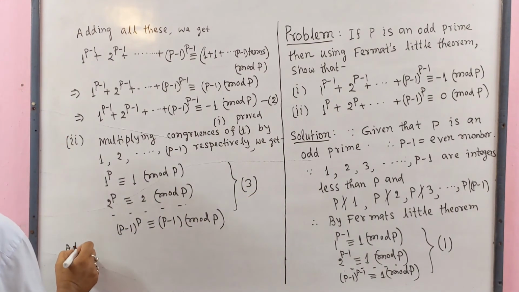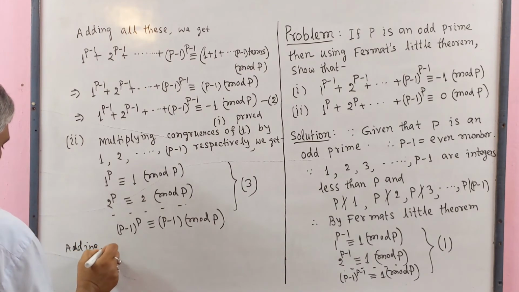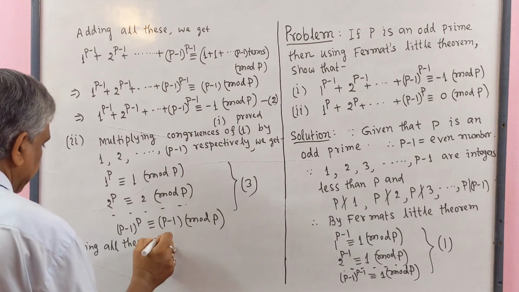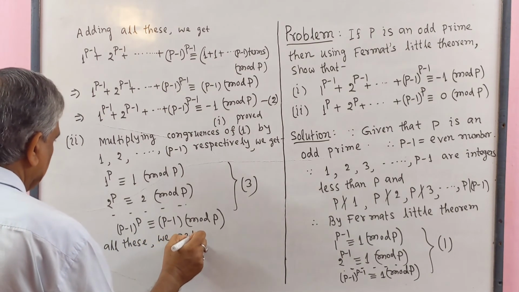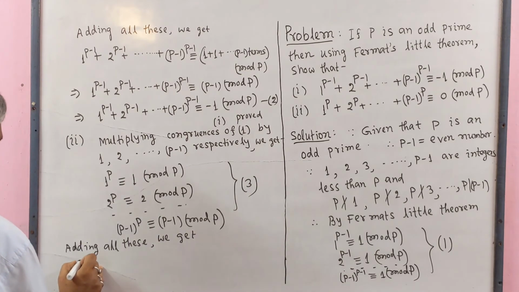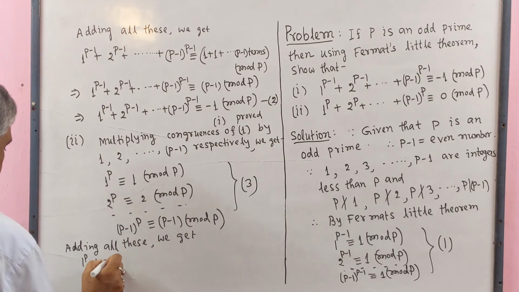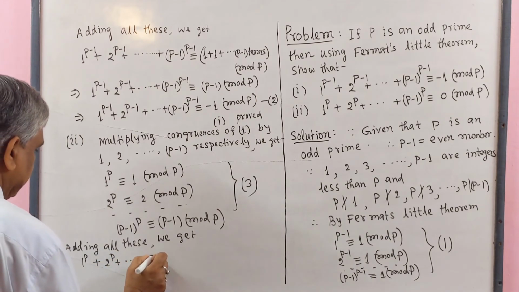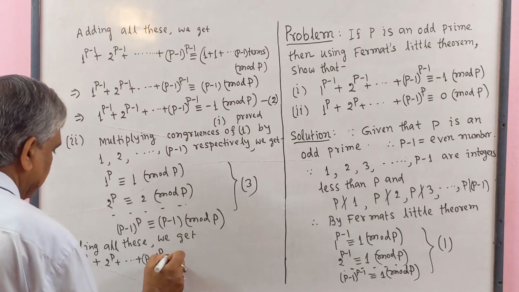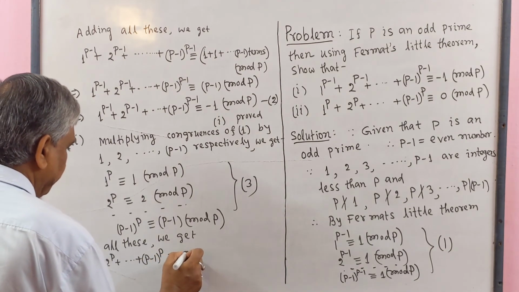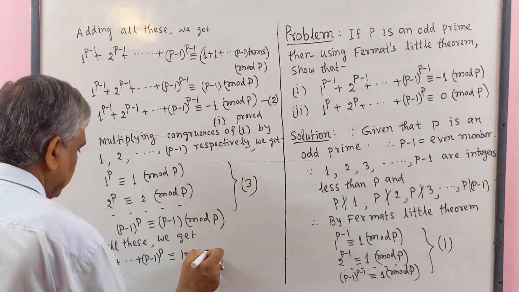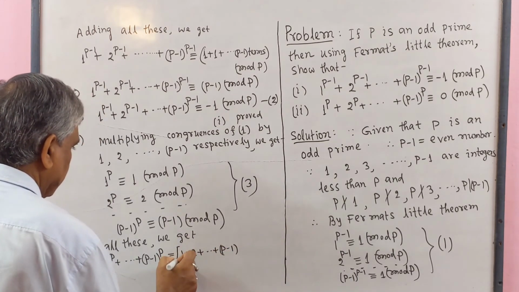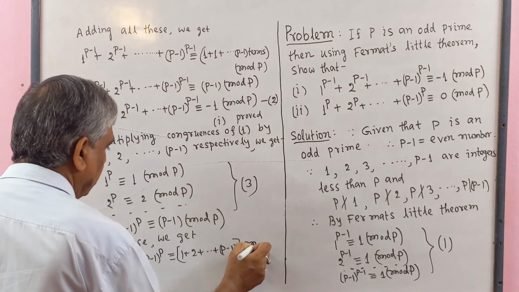Adding all these, we get 1 to the power p plus 2 to the power p plus ... plus p minus 1 to the power p is congruent to 1 plus 2 plus ... plus p minus 1 modulo p.